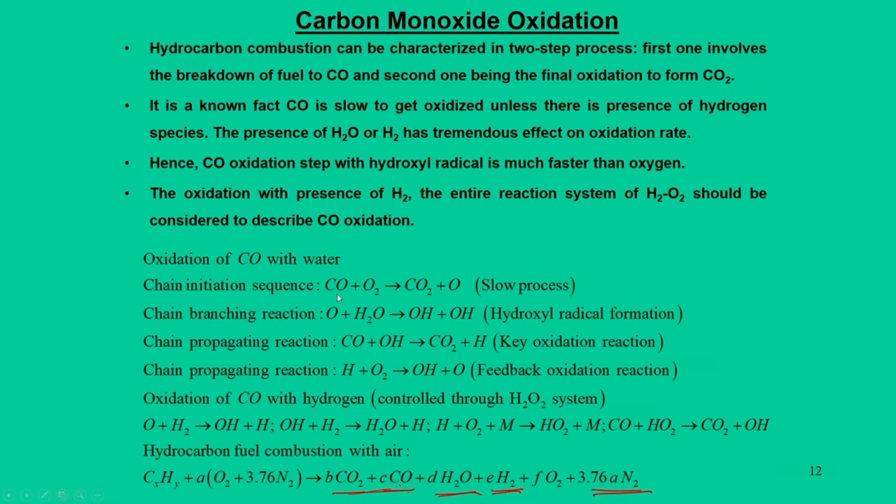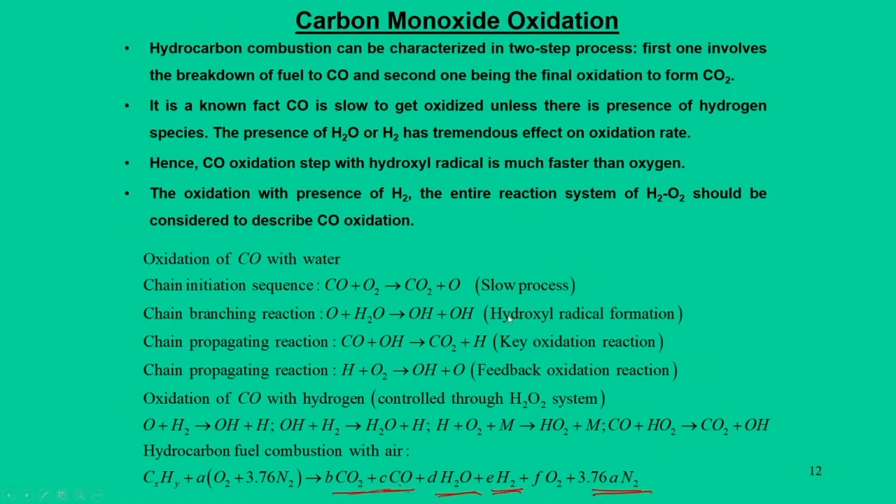When CO reacts with water, it gives CO2 plus O, but it is a very slow process. But it gives an oxygen atom, which is a radical, and this radical will create a hydroxyl radical, and that is where the chain branching starts.